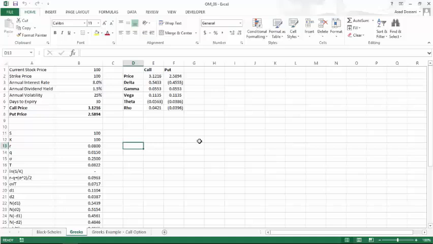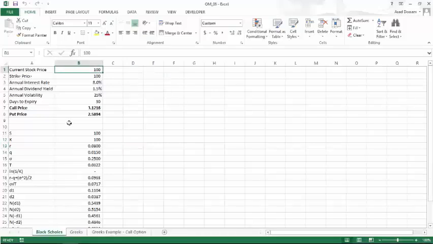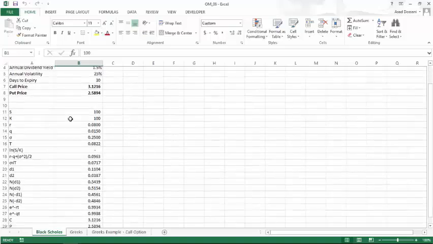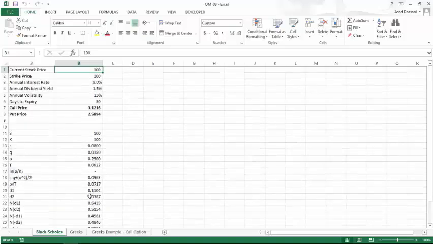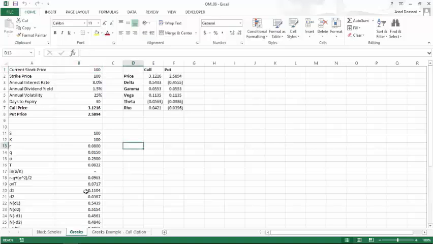Alright, so now we are in Excel, and I'm building on the spreadsheet we did last week. Last week we had this Black-Scholes tab where we calculated the Black-Scholes formula based on all these parameters. And now I'm just adding to that spreadsheet. Again, this will be available for you to download.